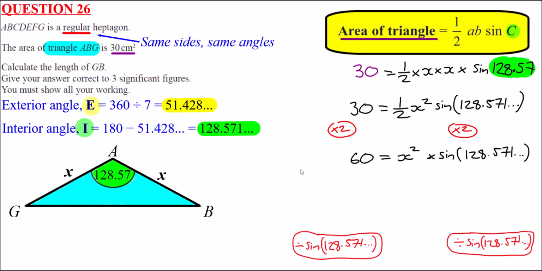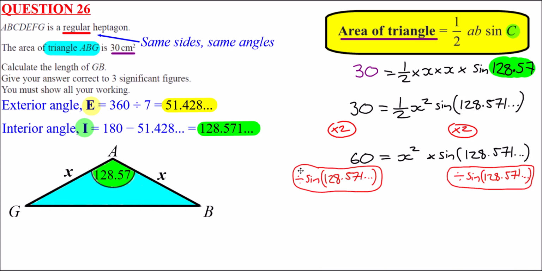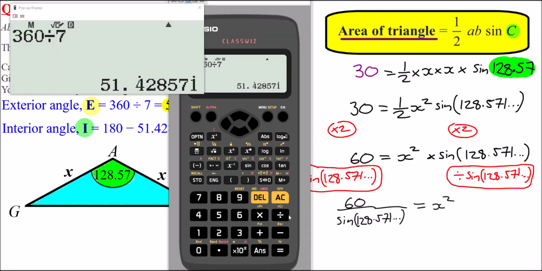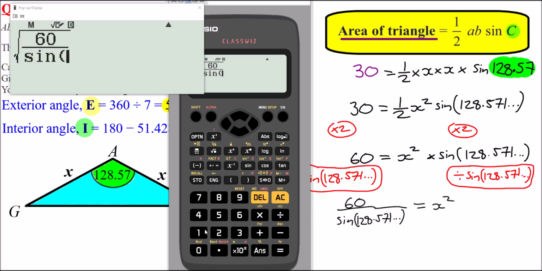If we do that, we get an expression for x squared: x squared will be 60 divided by sine of 128.571. The final step is to take this on the calculator and square root the whole thing. So 60 divided by sine 128.571, and so on.